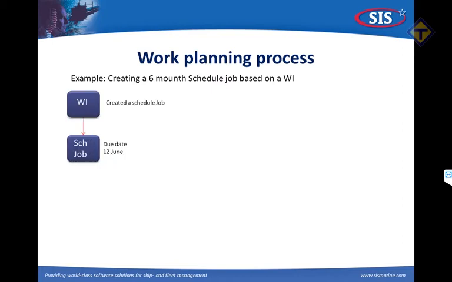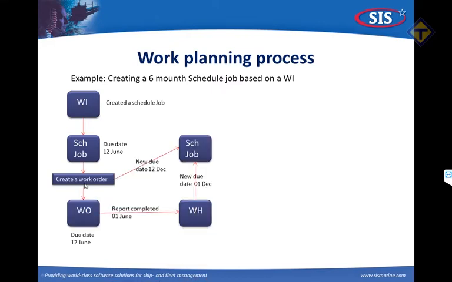Yeah. Okay. Just one more explanation about that. I create one scheduled job based on a work instruction, and I define that the due date is the 12th of June. I create a work order, and as you see, it is a 6-month scheduled job. So when I create a work order, the system automatically pushes the scheduled job 6 months ahead.